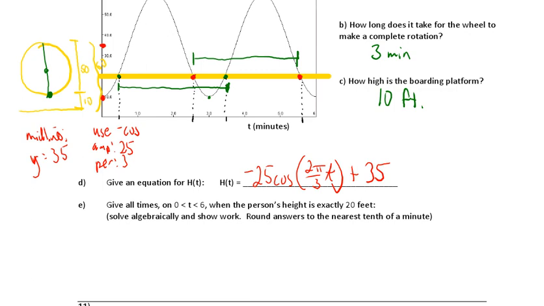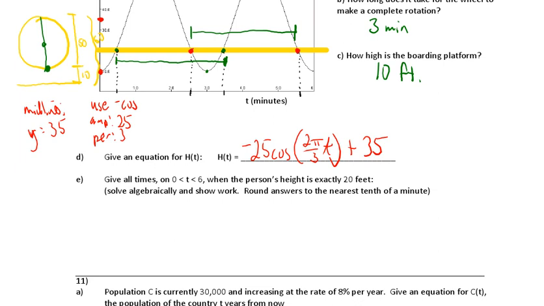We'll add 3 minutes to it and get the third one. We'll use the symmetry of the graph to get the second one. We'll add 3 minutes to it to get the fourth one. But the distance from here to here should equal the distance from here to here. So if this was 0.4, this distance would be 0.4, and my second time would be 2.6. And let me know if I'm talking too fast.